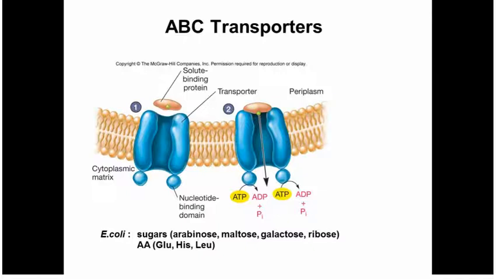Another important molecule which is internalized by ABC transporters is phosphate. So this solute can be a small organic molecule or something inorganic. Okay, so this is going to cost ATP to import each of these solute molecules.